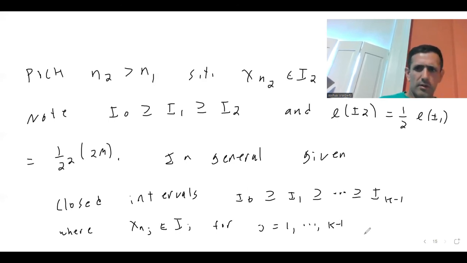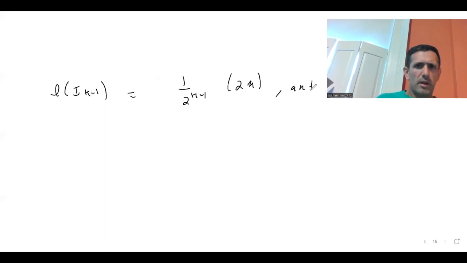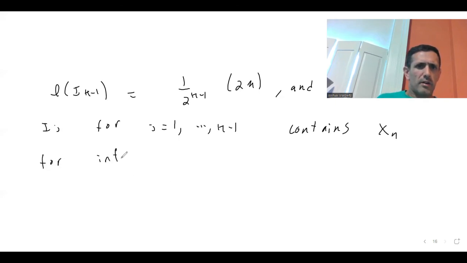So the length of I_{k-1} is 1/2 to the k minus 1 times 2m. And crucially, each one of these Ij's, for j from 1 to k minus 1, contains xn for infinitely many n.